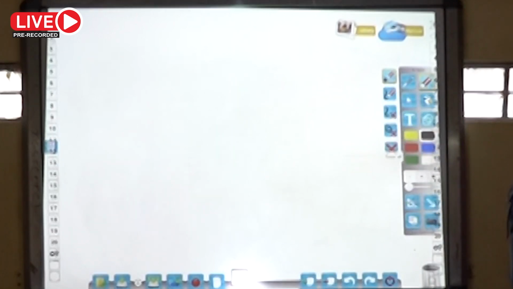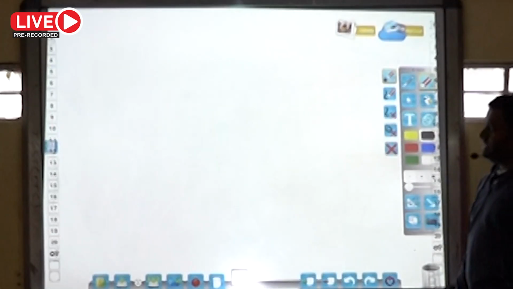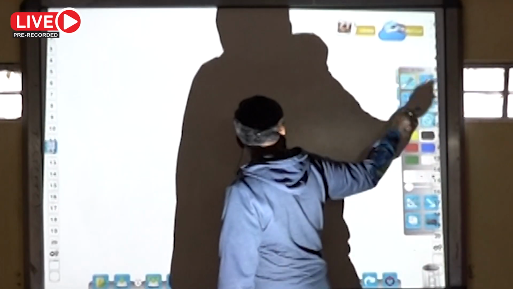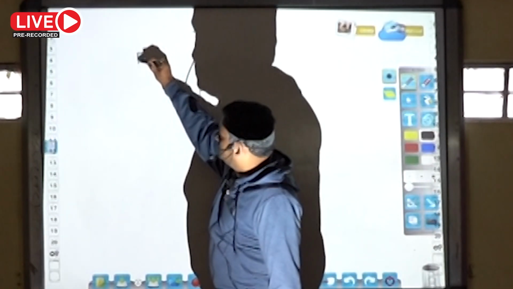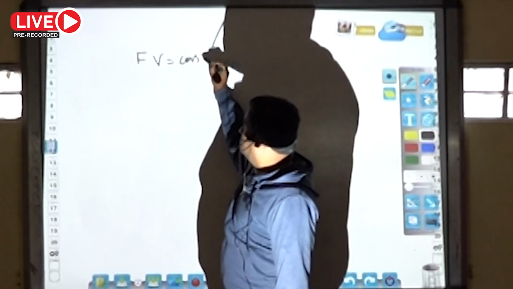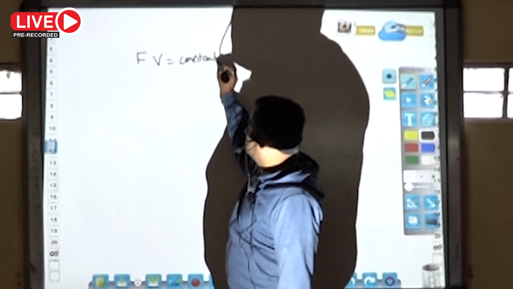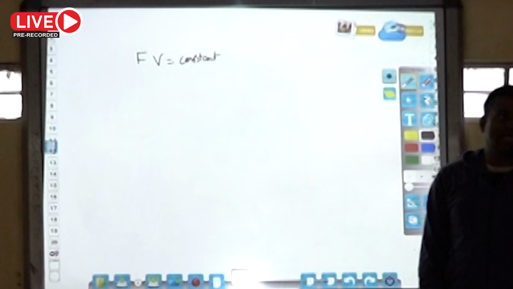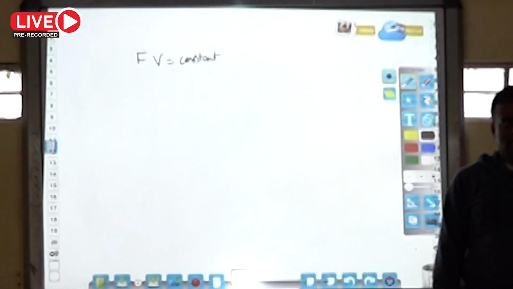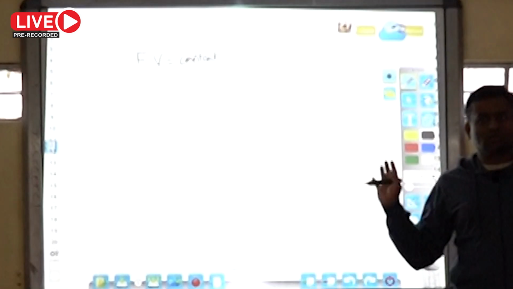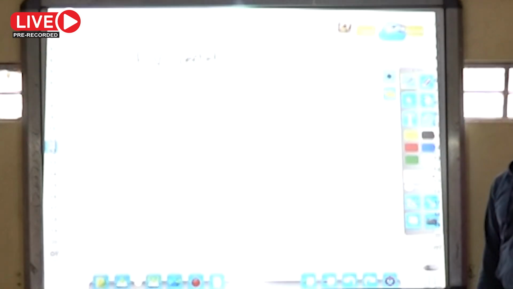Power delivered is constant. It means force into velocity is constant. Since it is moving along a straight line and force and velocity are along the same line, in the dot product cos 0 will be 1. So I don't write the dot product with cos theta, I write directly F into V equal to constant.